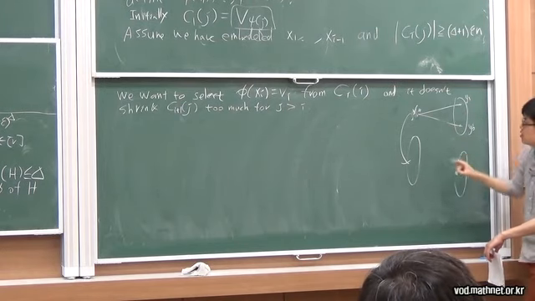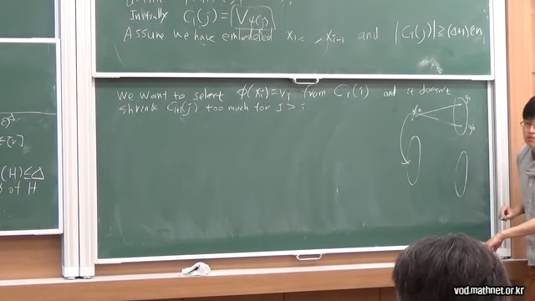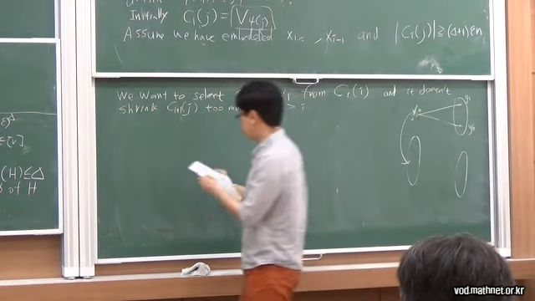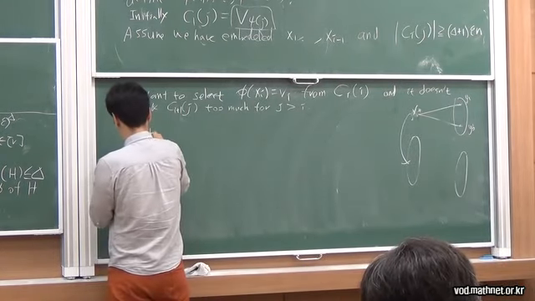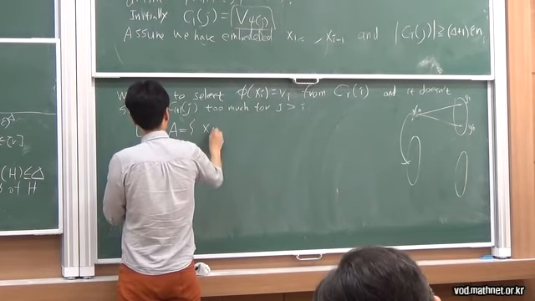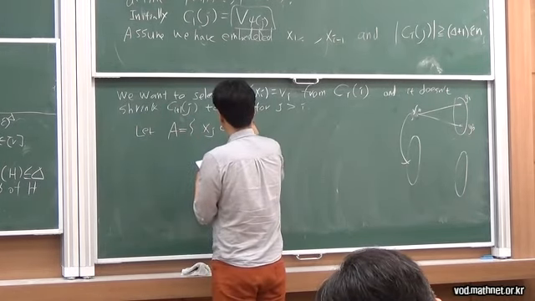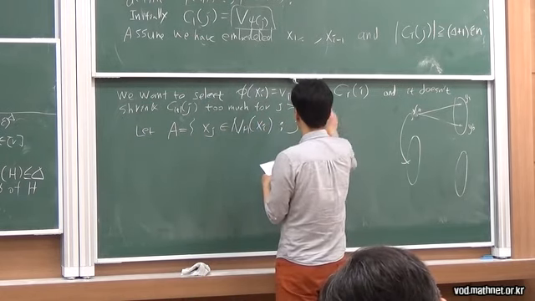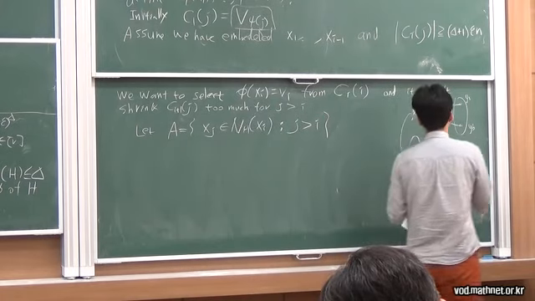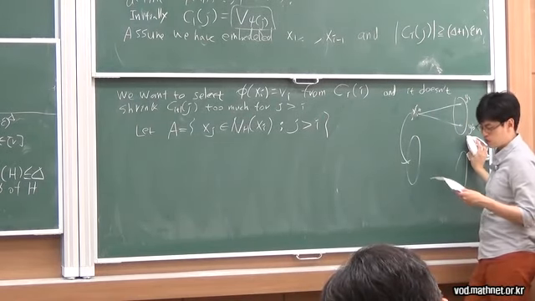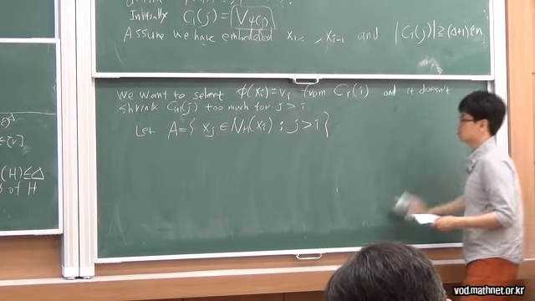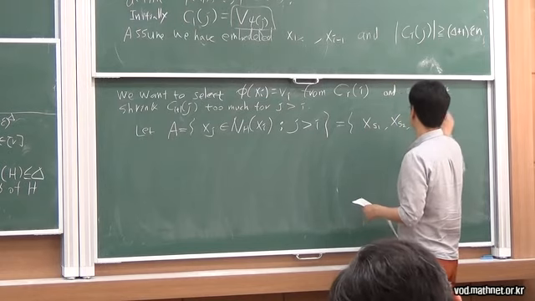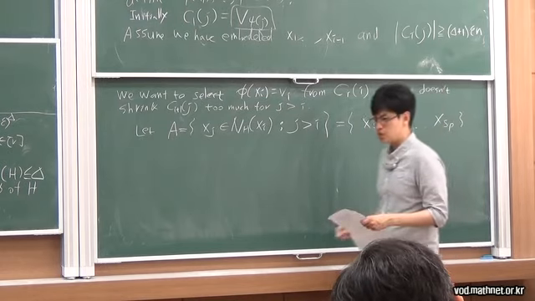So those vertices are the possibly dangerous vertices, which might shrink too much. Let A be all xj which are neighbors of xi in H with j bigger than i, because if j is smaller than i, it's already embedded, so we don't have to worry about that. Let's say those are x sub s1, x sub s2, up to x sub sp, and p is at most delta.